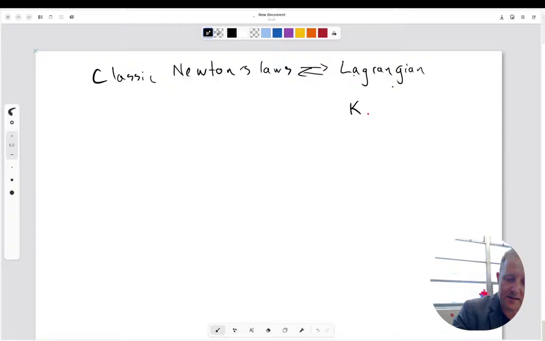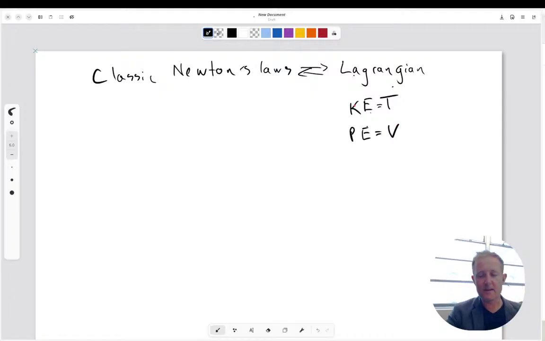So what is my KE, that's my T, and what is my potential energy, that's my V. Are there any external forces? External or non-conservative?